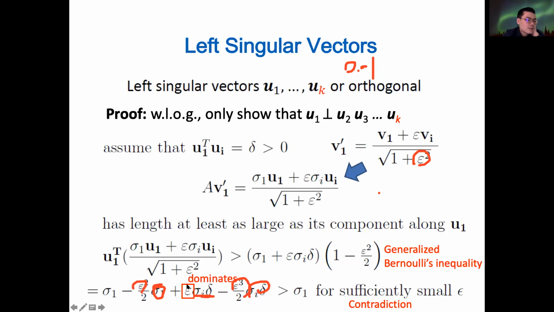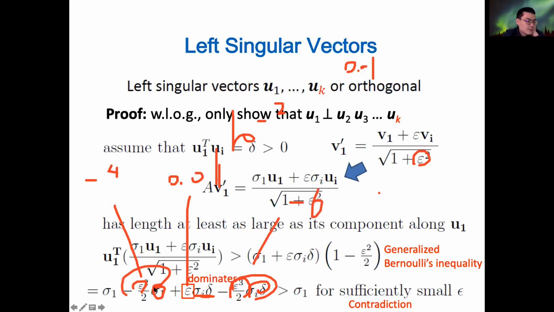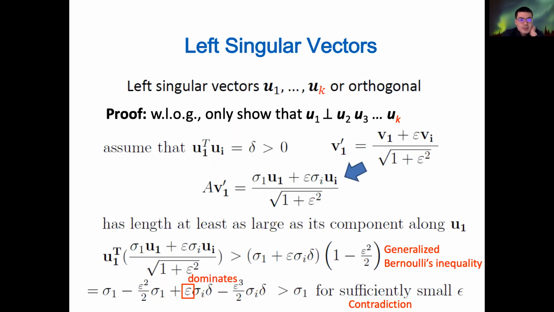If epsilon is 0.01, then the square is 0.0001, and the cubic is even smaller. This is 10 to the power of -2, this will be -4, this will be -6. These values will be negligible compared with this one. If you think that's still not enough, then you can further decrease epsilon. Finally, you can make these two components really negligible compared with this term.